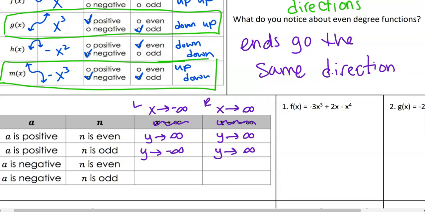So we're switching the words up, down to infinity for up and negative infinity for down. a is negative, n is even. Both sides go where? They both went down. a is negative, n is odd. It went up first and then down.